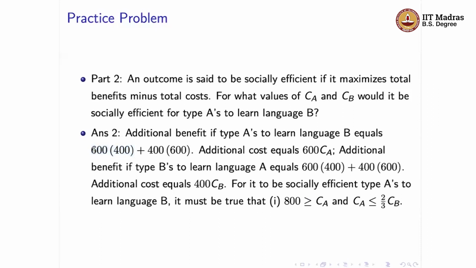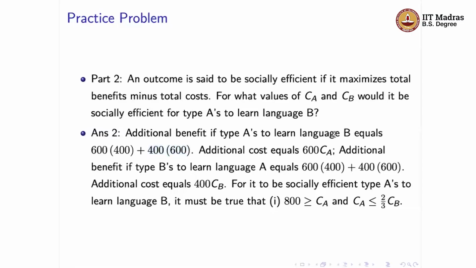So this one is 600 times 400. That is one benefit. But there is also a benefit, actually an externality, if you think about it, for type B as well, because type B can now also speak with all type A people, since type A people know type B's language, right? So this is also a benefit accruing to each of the 400 type B native speakers. So this is the total social benefit if each of the type A's were to learn language B.